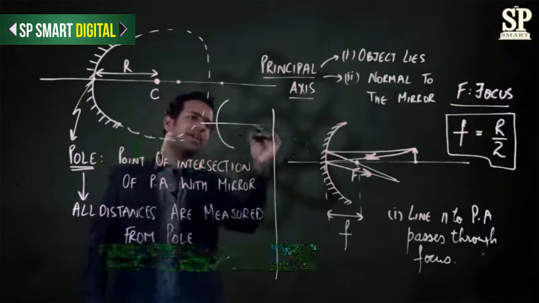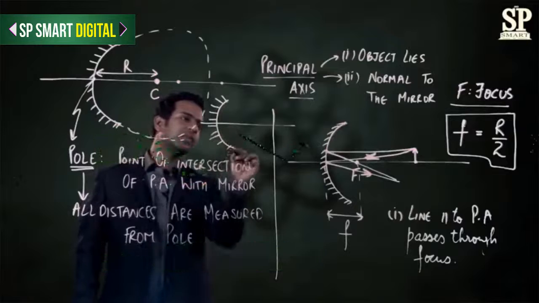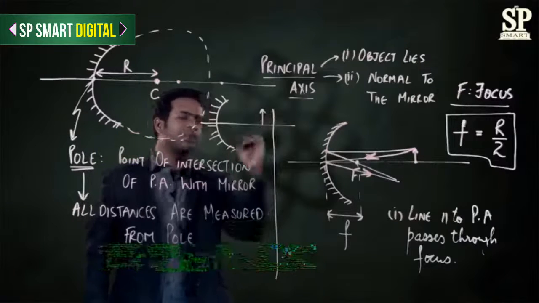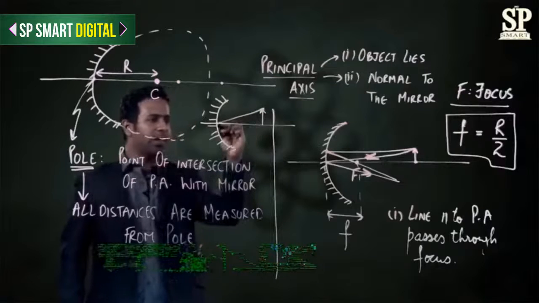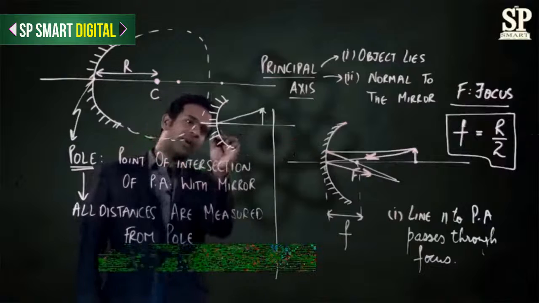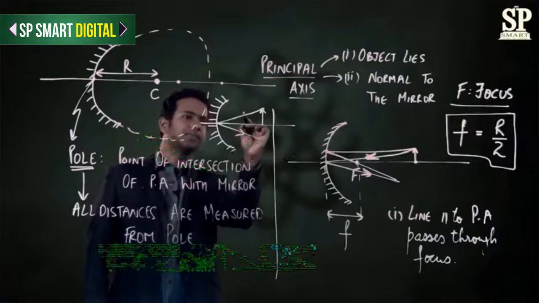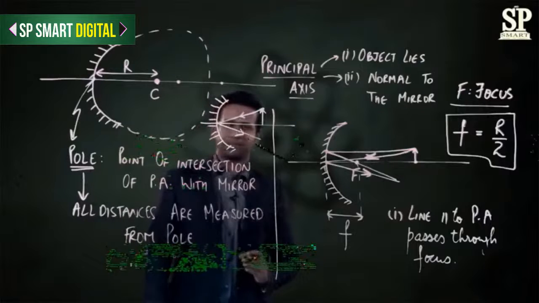So if this is the mirror and this is your object, then a ray starting from this point and reaching the pole will be reflected at an equal angle back to where it came from.